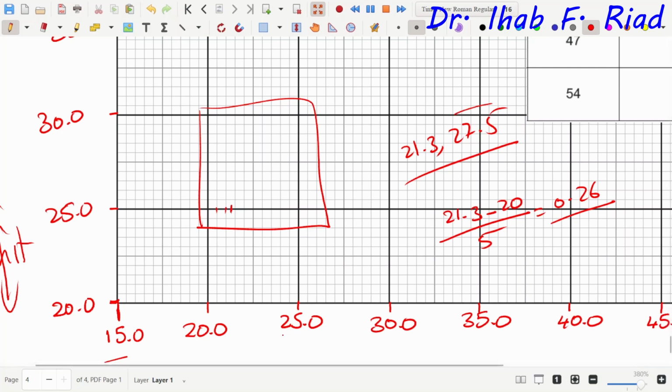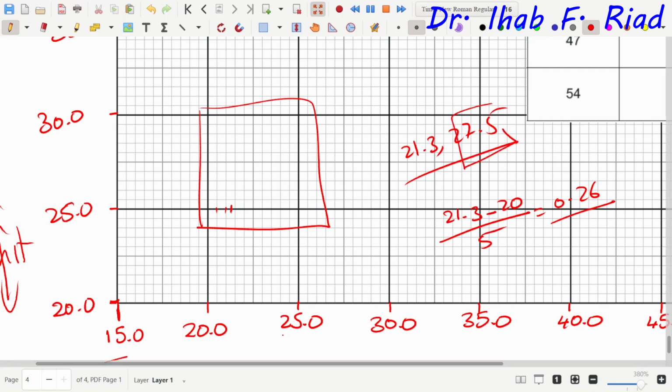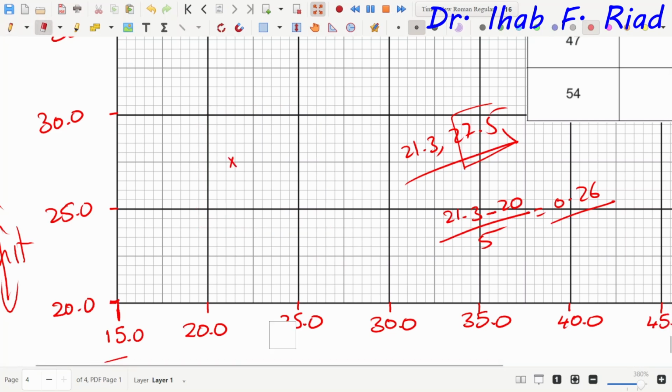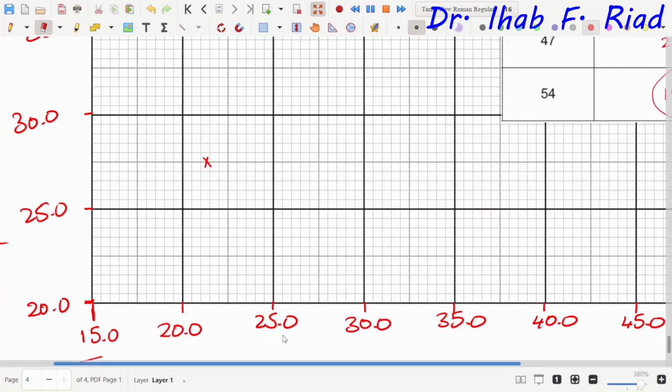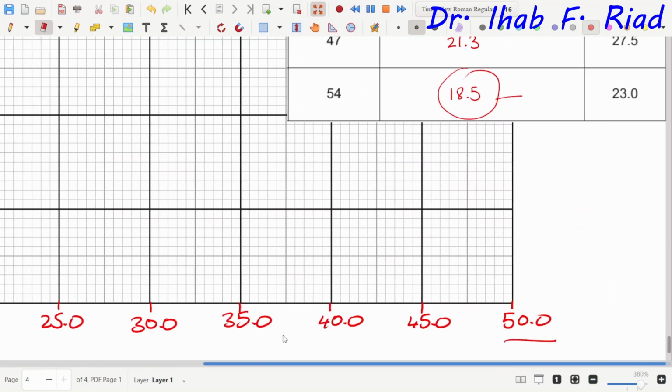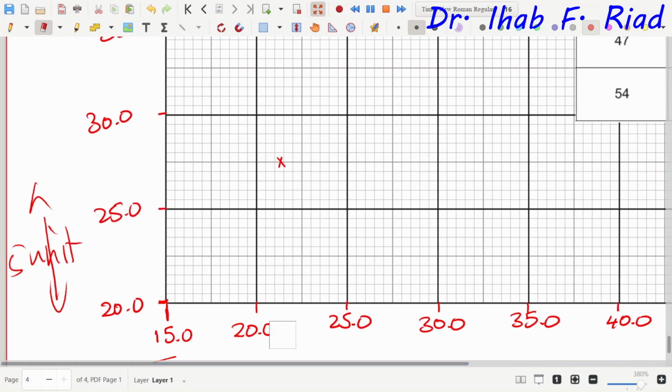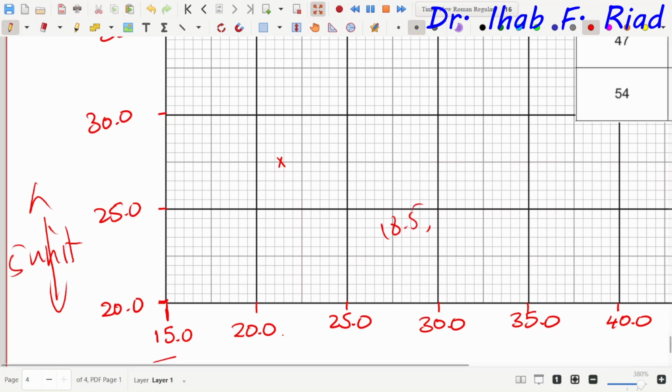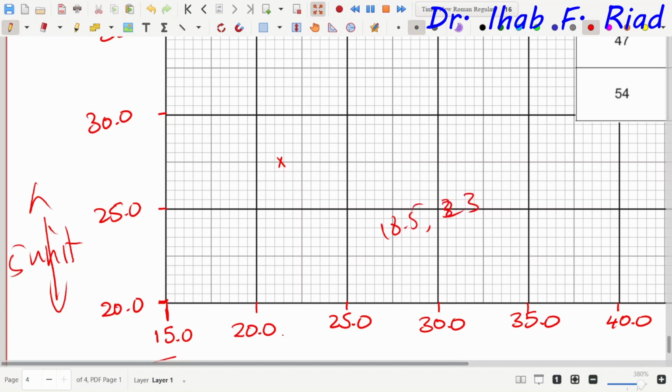What about the 27.5? This is easy. This is 25, this is 30, then halfway is 27.5. So this is our data point. Okay, let us go for the final data point, 18.5 and 23. It is going to be around this square, this one.